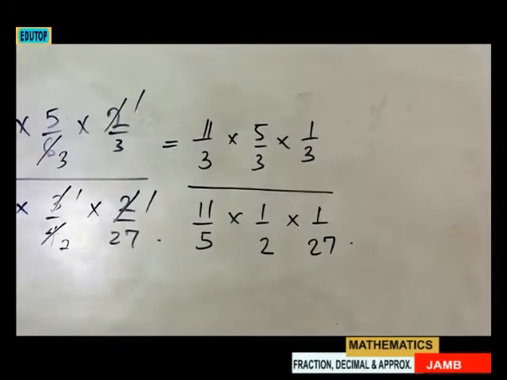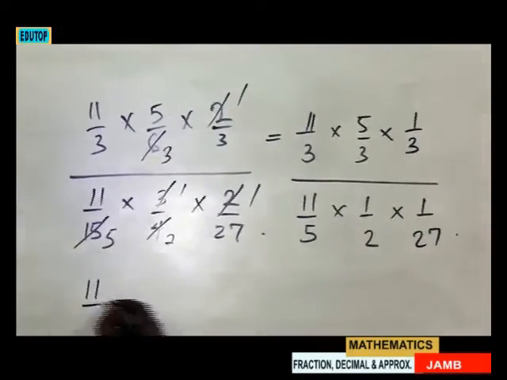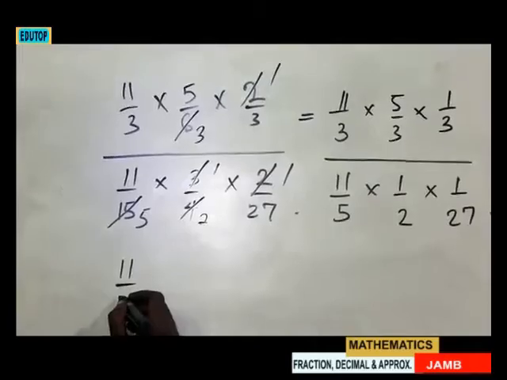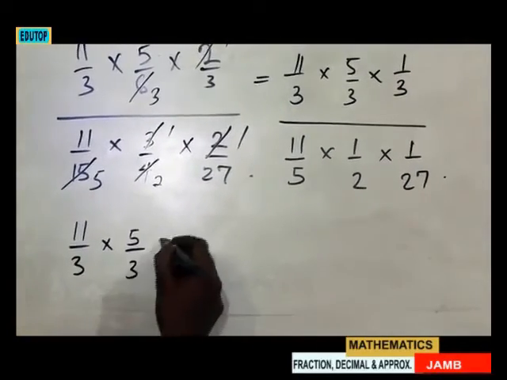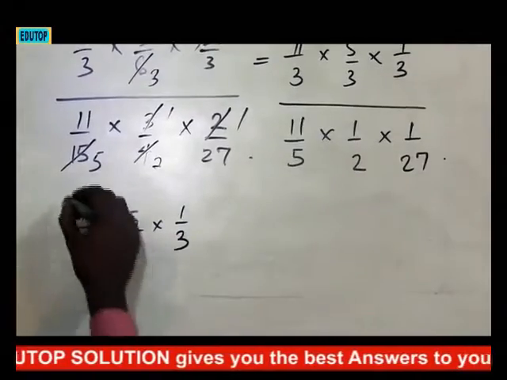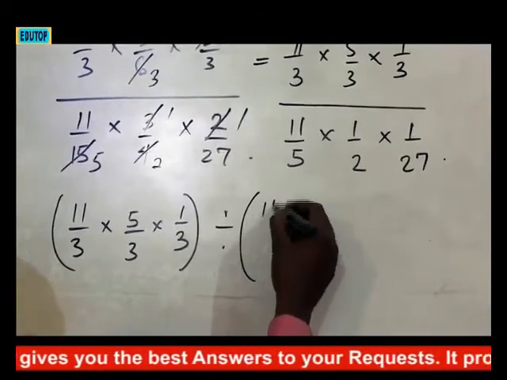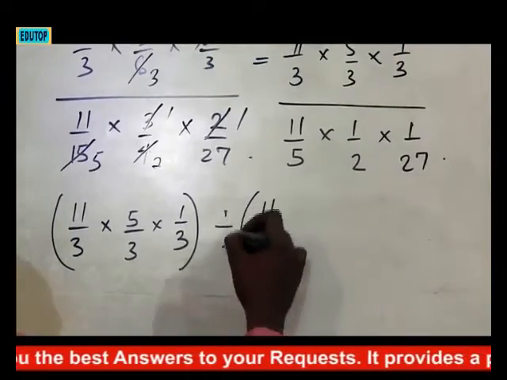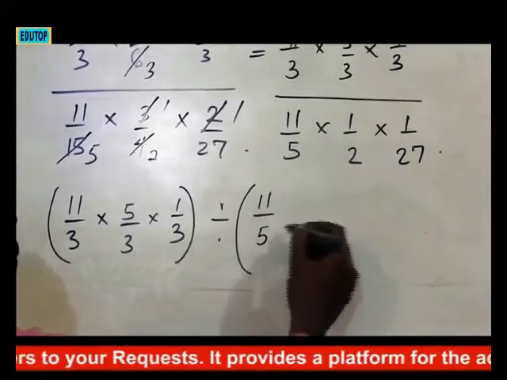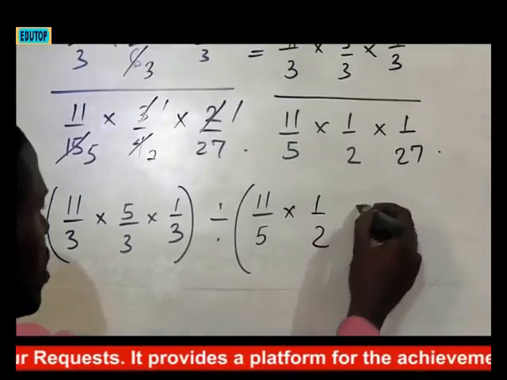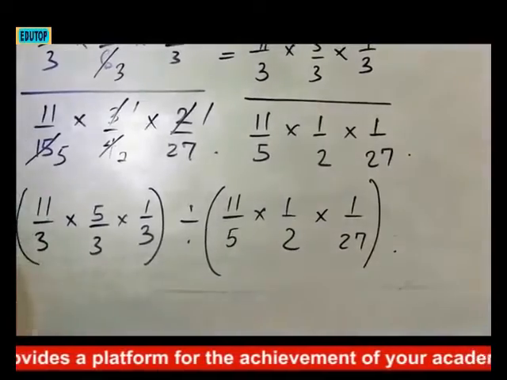What this simply means is that we have 11 over 3 times 5 over 3 times 1 over 3 in the brackets divided by another 11 over 5 times 1 over 2 times 1 over 27.